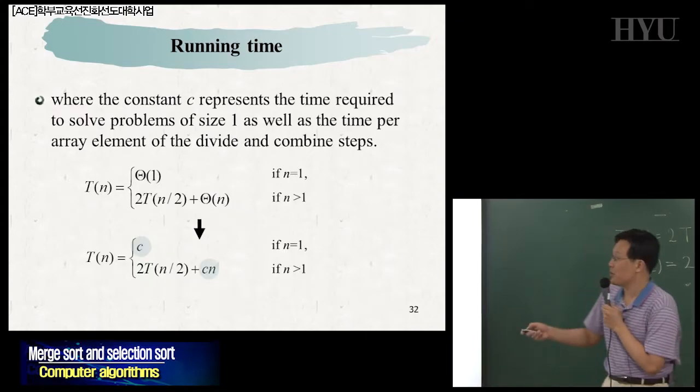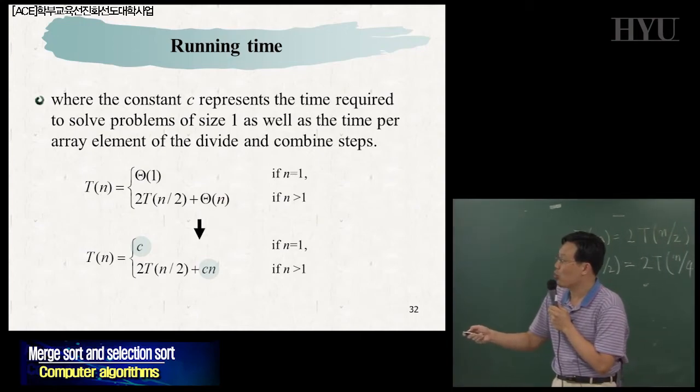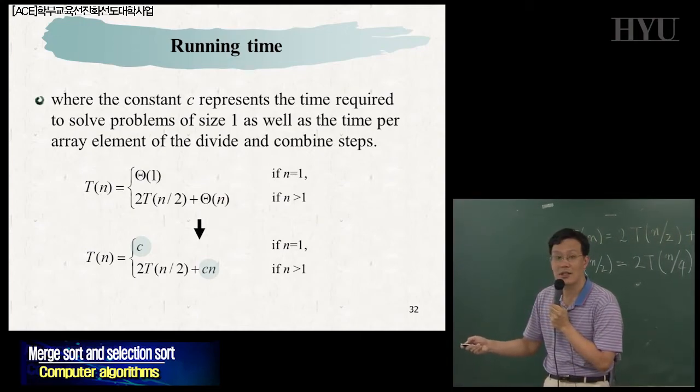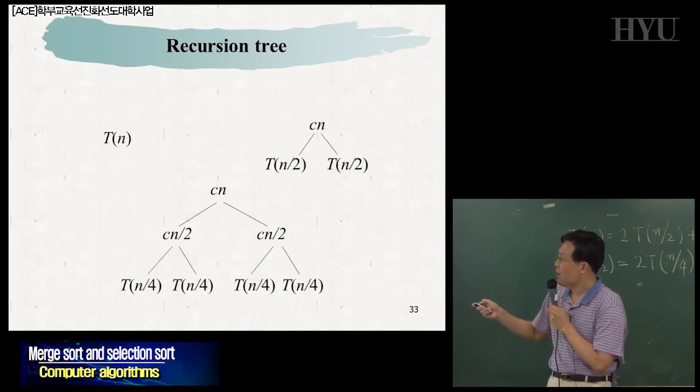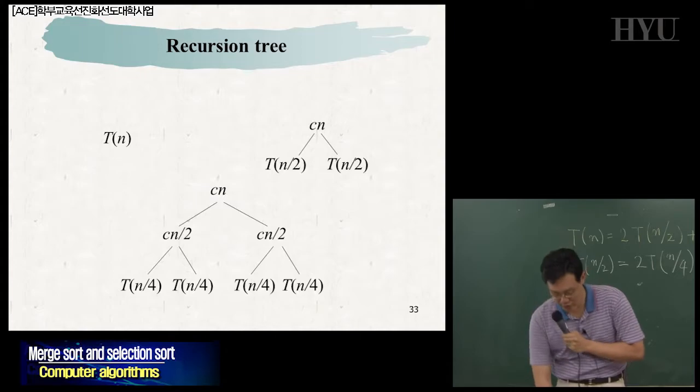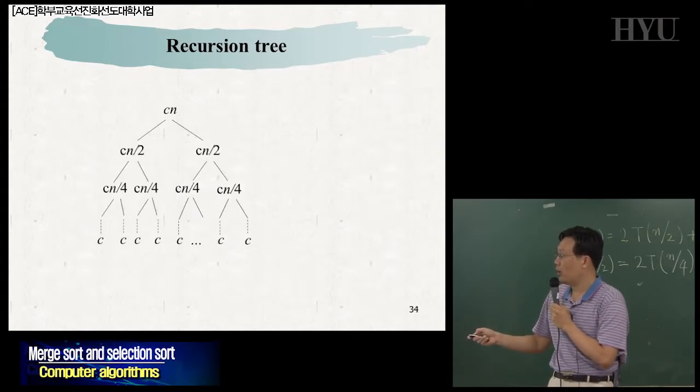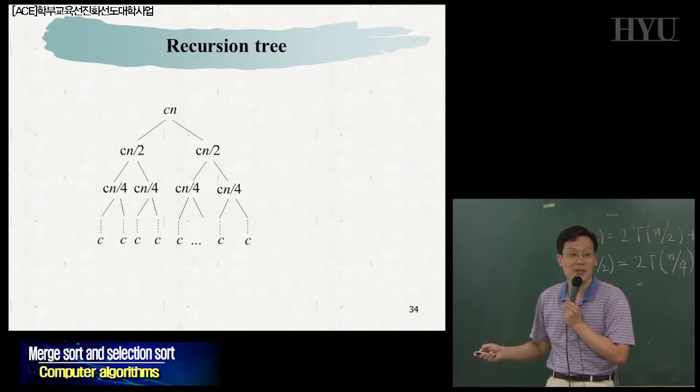Look at this recurrence. When n is 1, it is c. Okay, so it's cn, cn over 2, cn over 4. So if this is the same as n, then it becomes c.